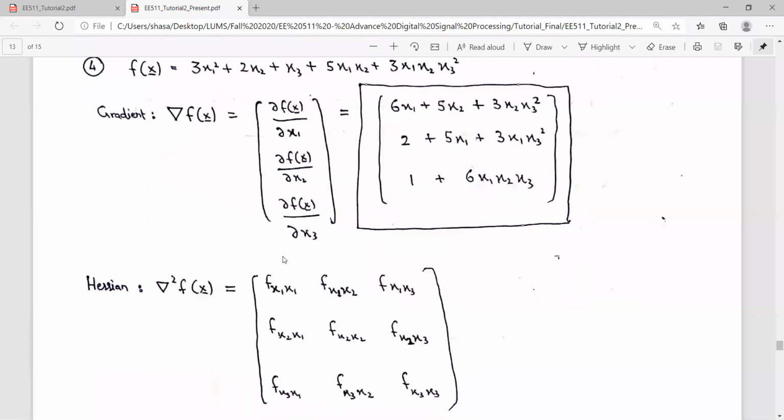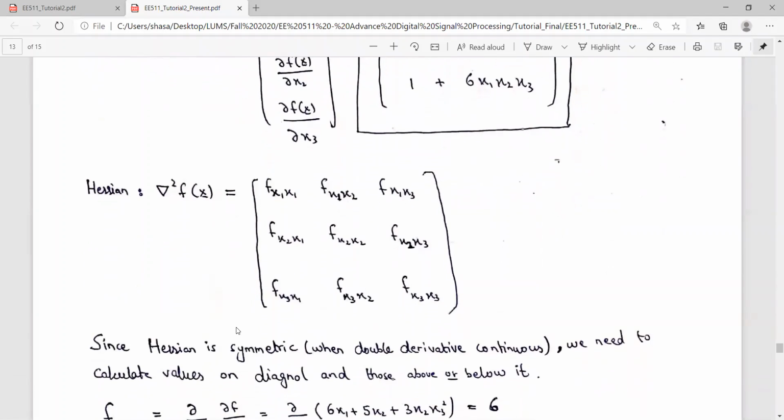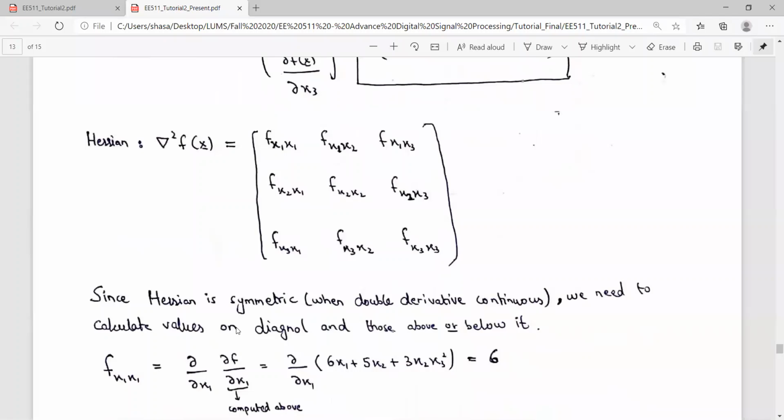So if we compute either these 6 terms or these lower 6 terms, we can find everything. There is a slight caveat that the Hessian is symmetric when the double derivative is continuous, but I don't think you will encounter functions where the double derivative won't be continuous. So you can take the Hessian as symmetric and compute the particular terms.